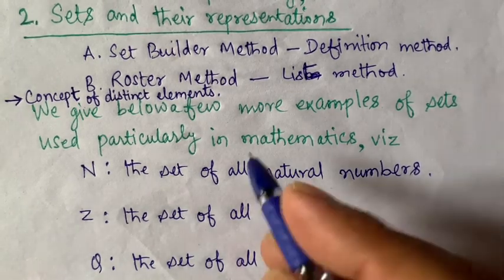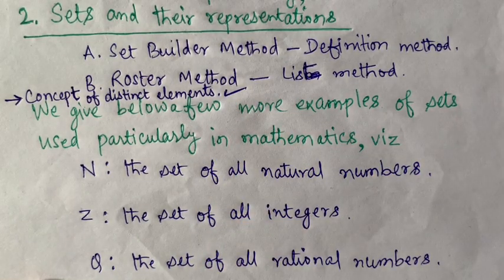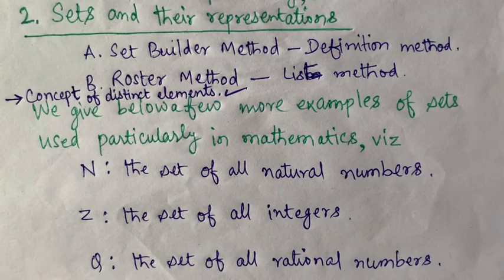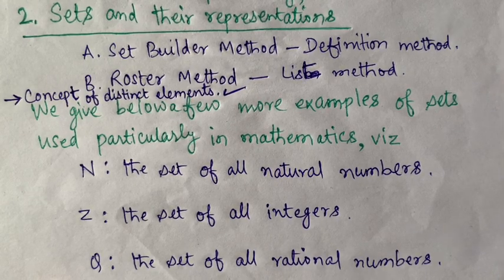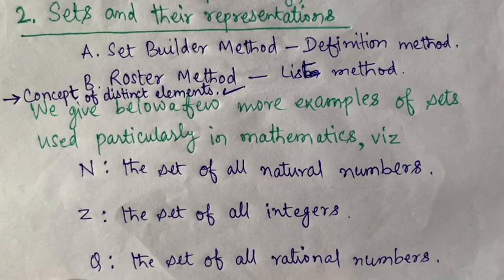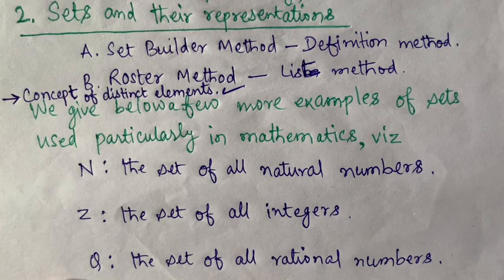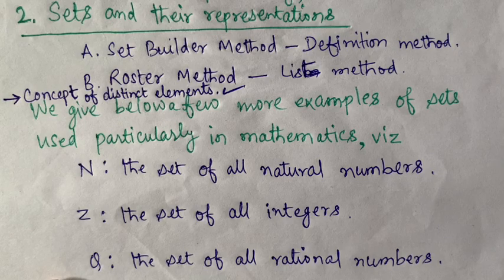Now we will study one thing, that is the concept of distinct elements. Actually a set is defined as a group of well-defined distinct objects. That means if there is some repetition in the set, that will be counted only once.